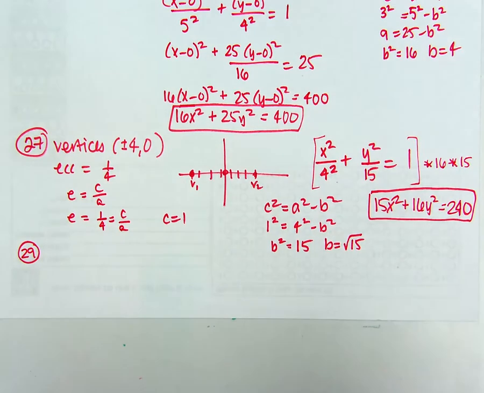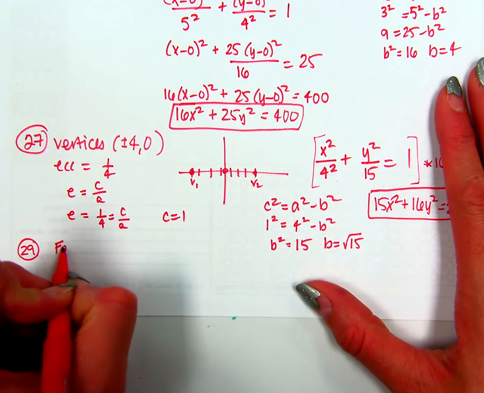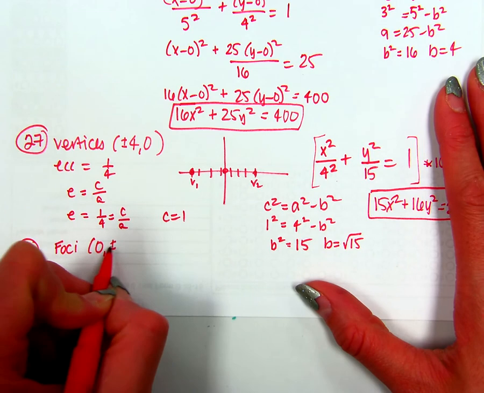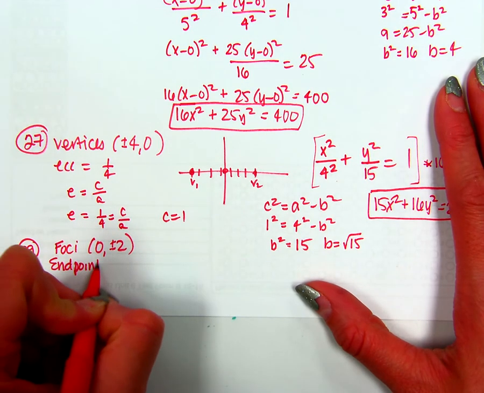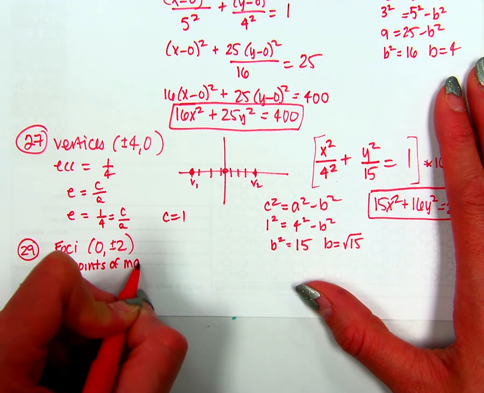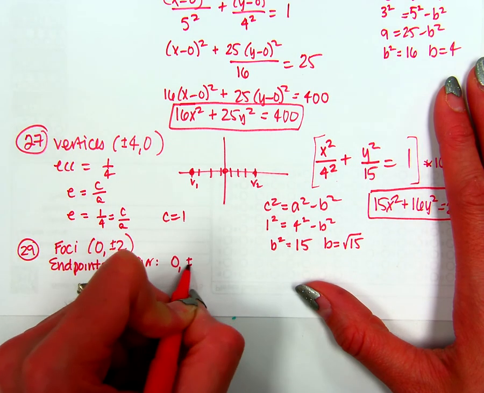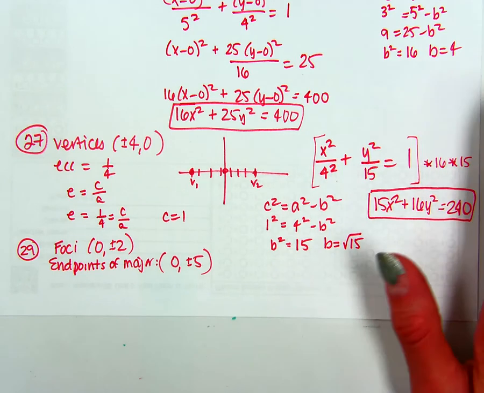All right, last problem, and then I believe we are all done. This one tells you that your focal points are at 0, 2 and 0, negative 2. It says the endpoints of the major axis are at 0, plus or minus 5.